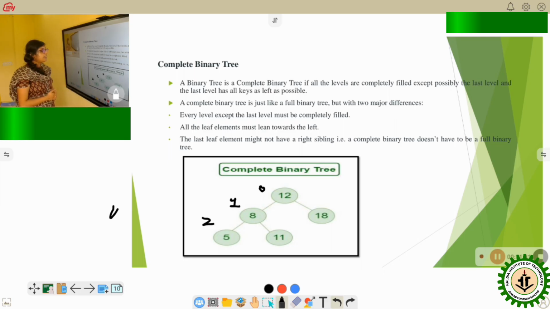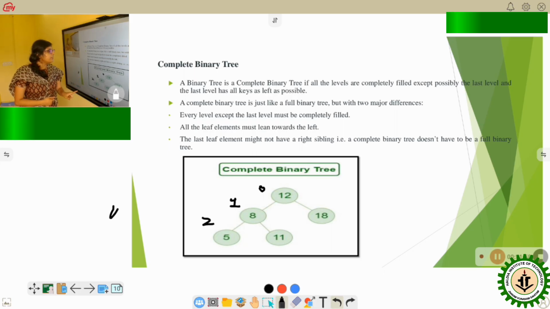Every level except the last level must be completely filled. Now, what is the meaning of the word completely filled? Suppose there is a node, it is having two children. If it is having two children, it is a binary tree, then it is completely filled except possibly the last level. So what are 5 and 11? These are not filled.